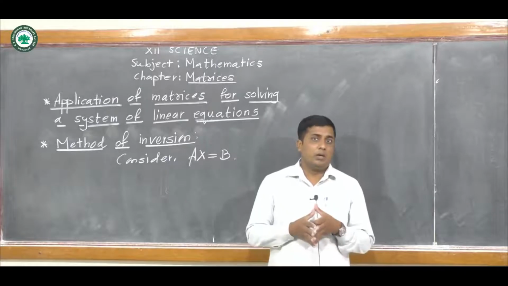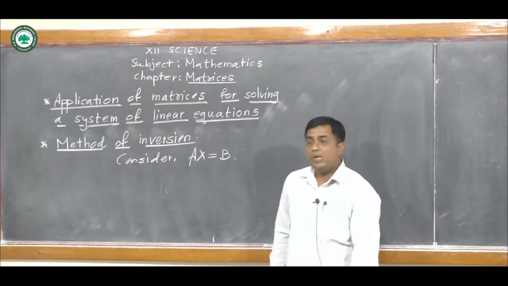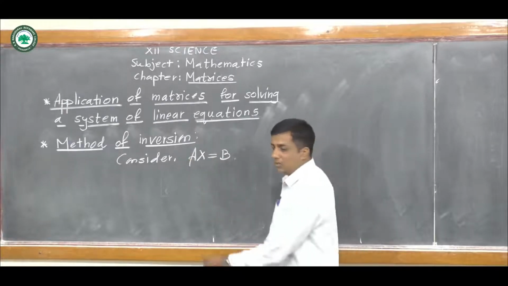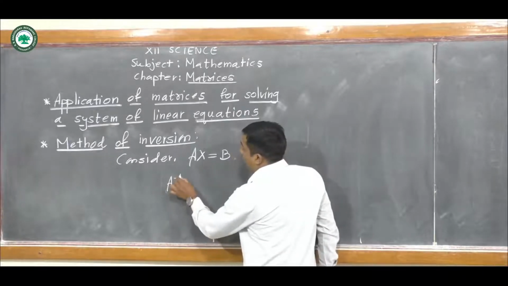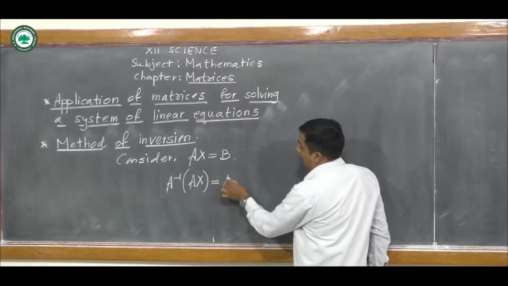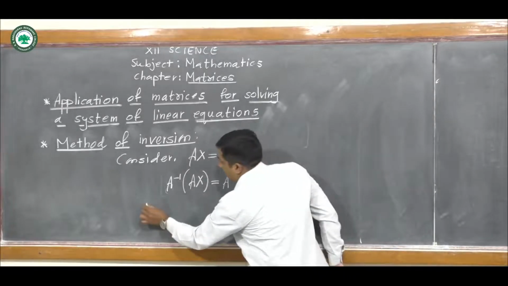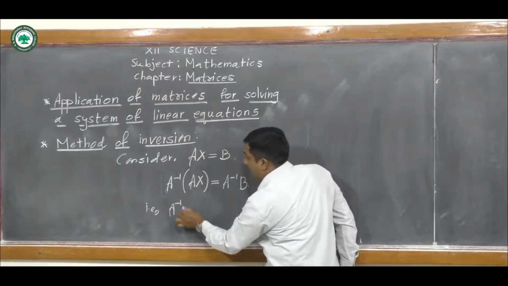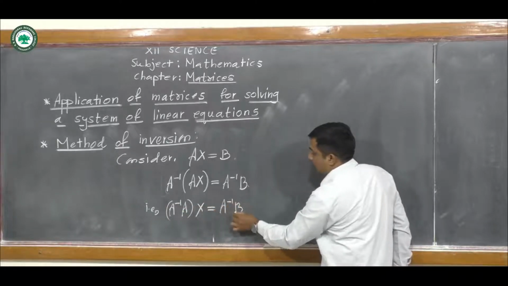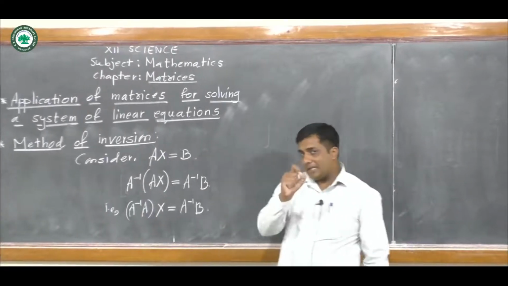So to solve this system of linear equations, firstly we multiply both sides by A inverse. So A inverse into AX is equal to A inverse B. Now I write this as A inverse A into X is equal to A inverse B. We know A inverse A is the identity matrix.